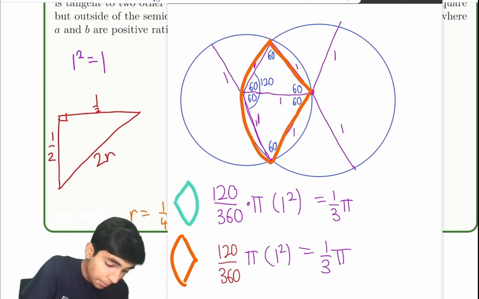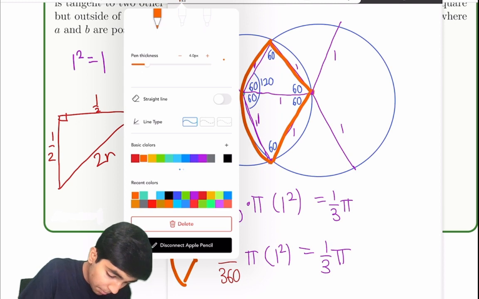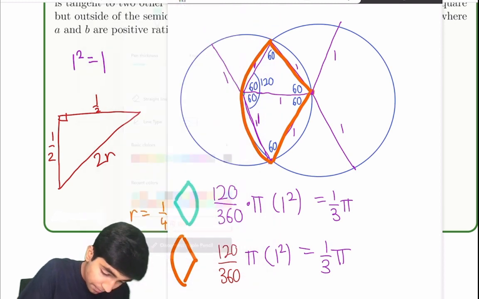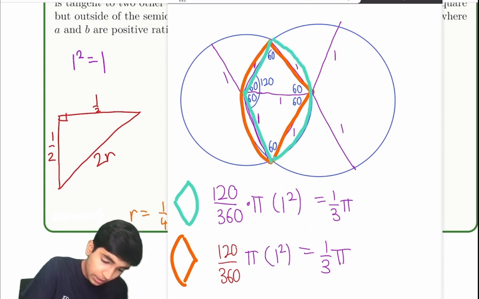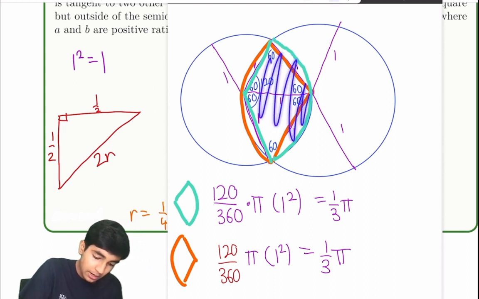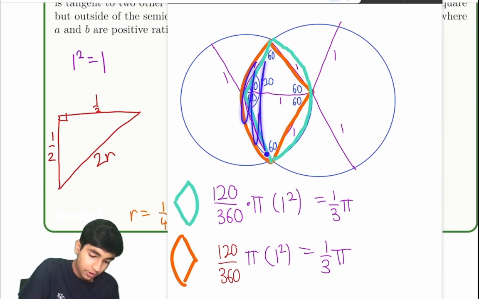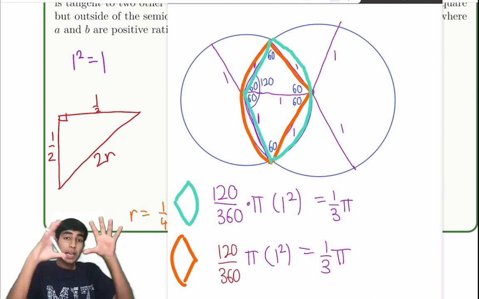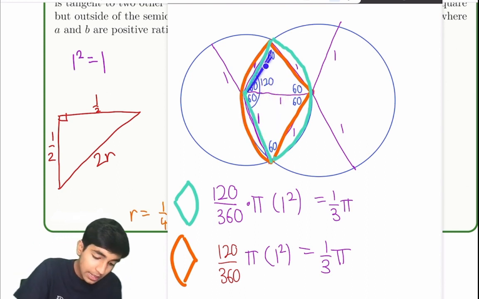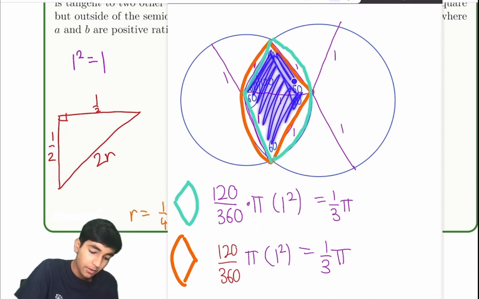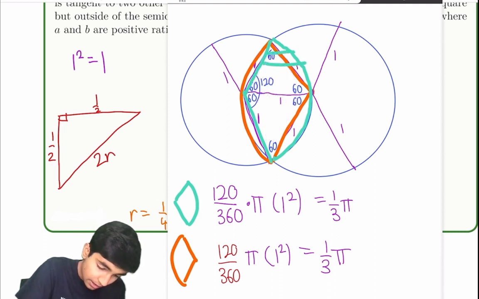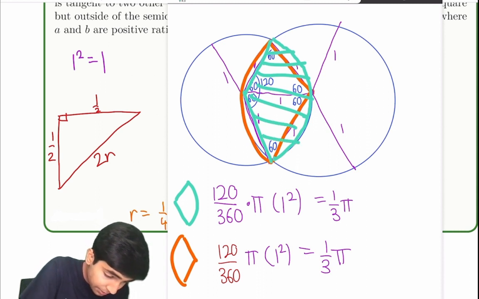Now, what do these regions combined make up? We covered all of this region, and then all of this region over here. So we make up the whole lune, except we count the inside region 2 times. Let's imagine shading it in. The orange region would cover all of that, and the red region would cover all of this part here.